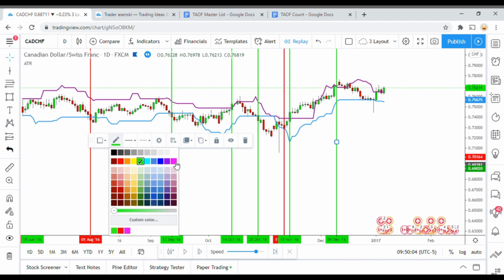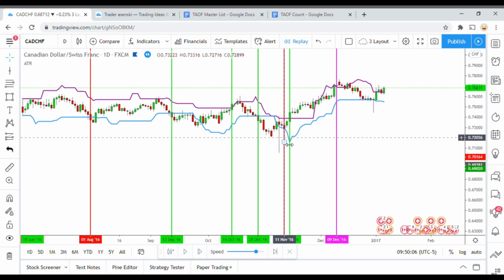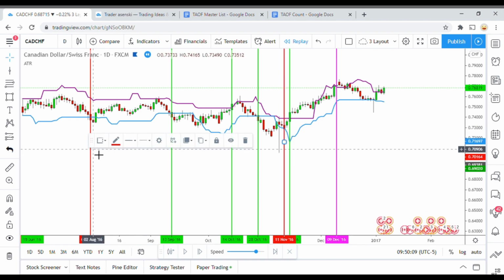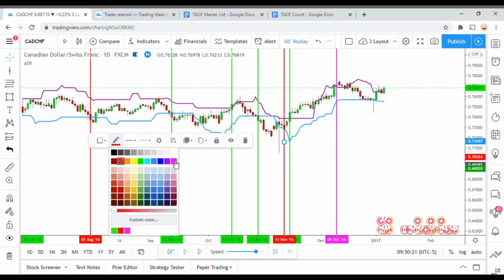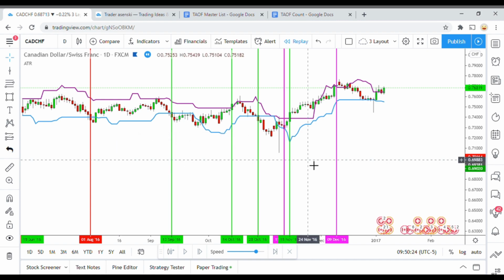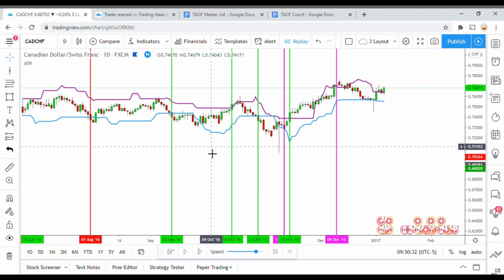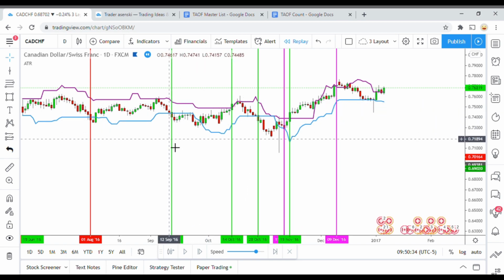And so if we mapped out some of these in purple, just going to change the color of a couple of these. That one, no. That one did eventually.